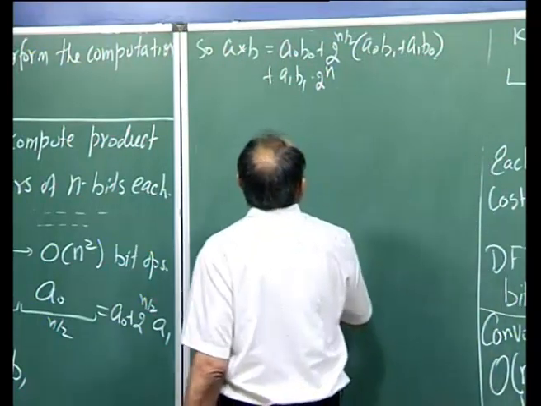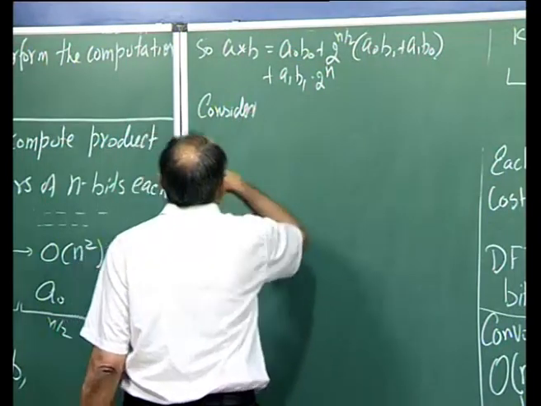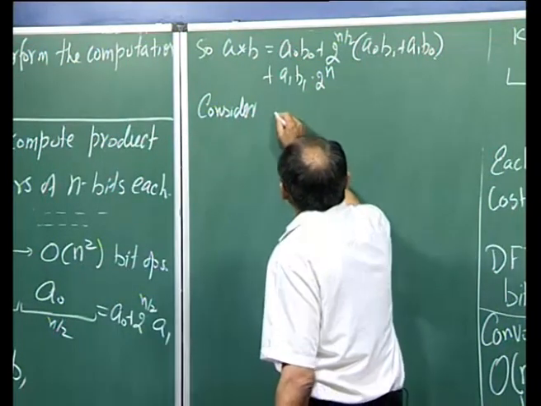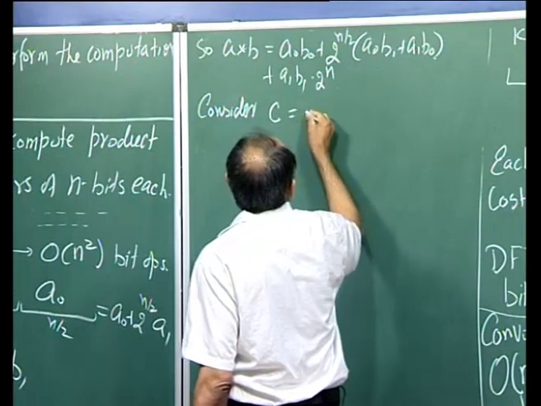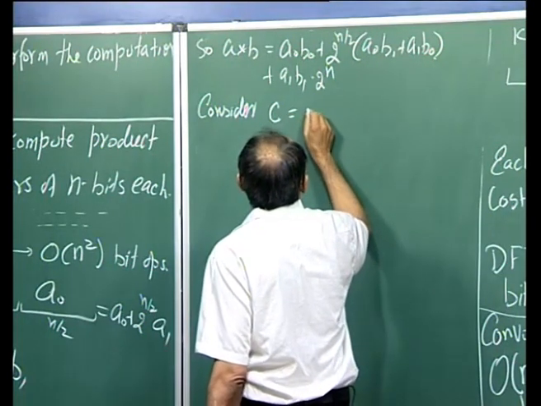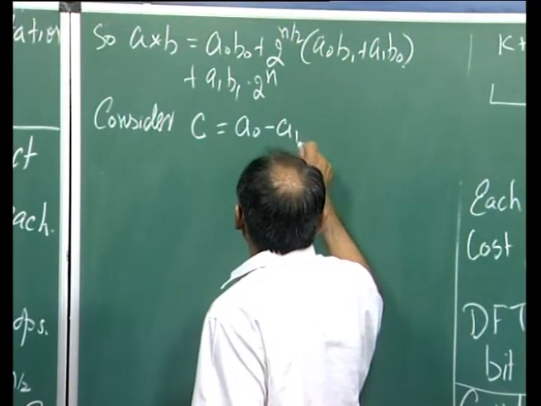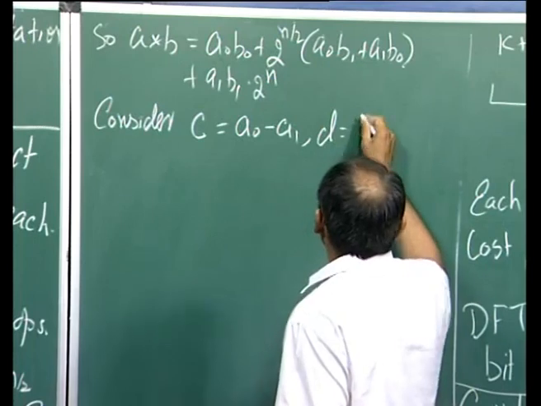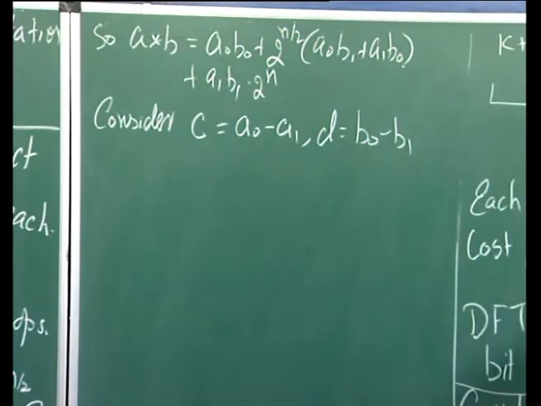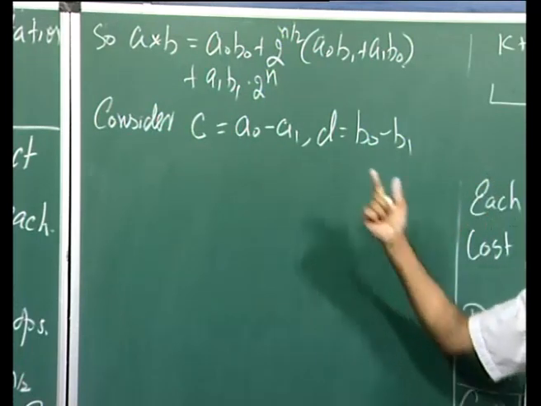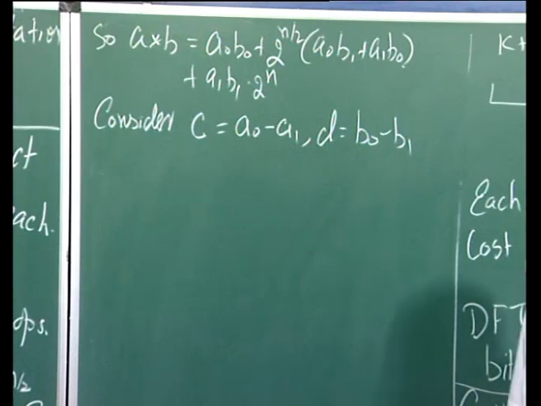Now, consider C equal to A0 minus A1 and D equal to B0 minus B1. These are also n by 2 bit numbers.